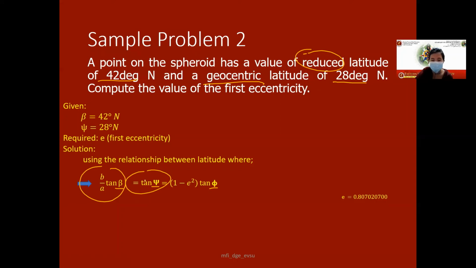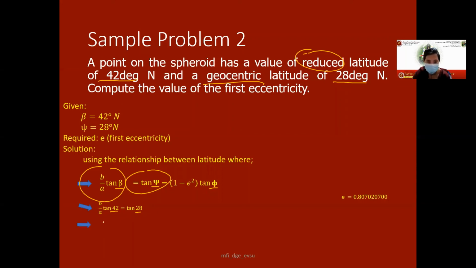So we all know that b over a equals tangent 42 over tangent 28. We can substitute the values so that we can determine the value of b over a. If we divide tangent 28 by tangent 42, the remaining will be b over a.